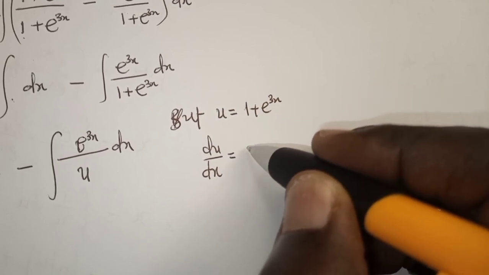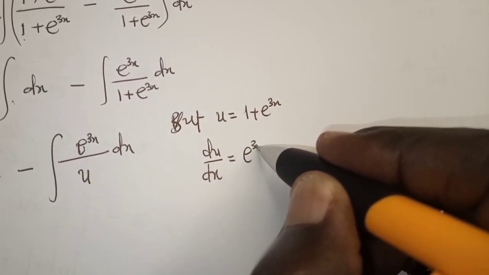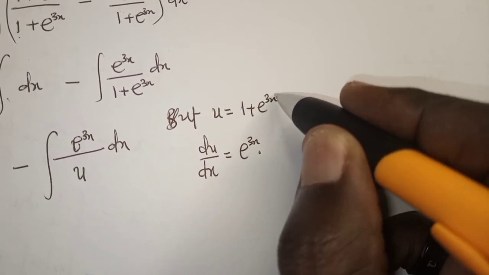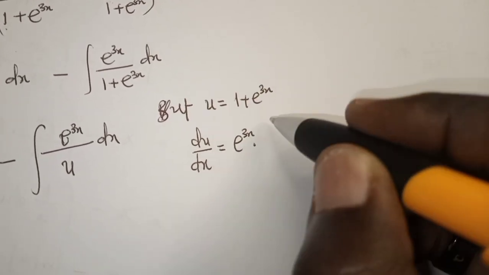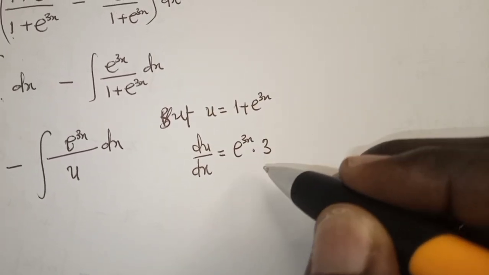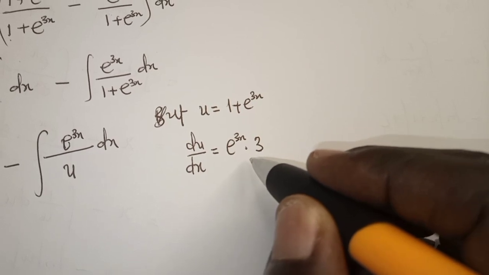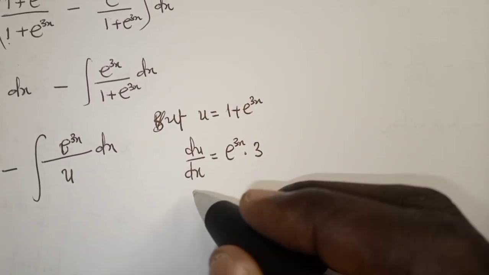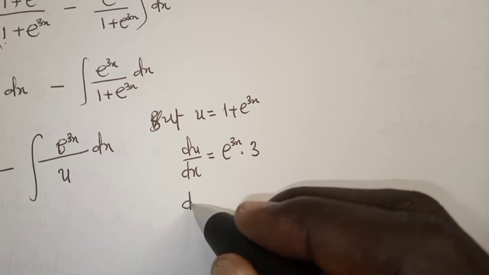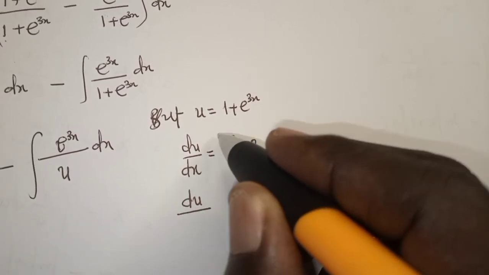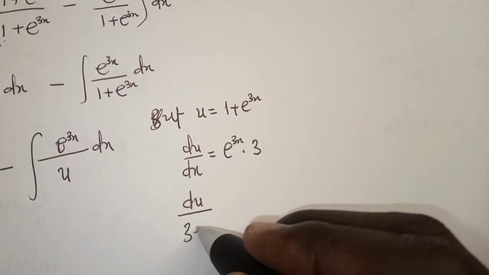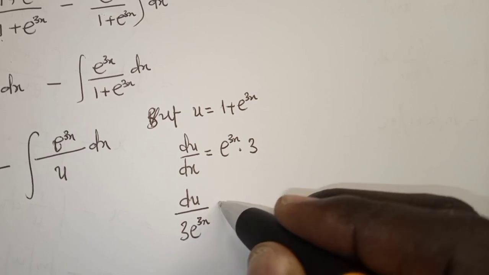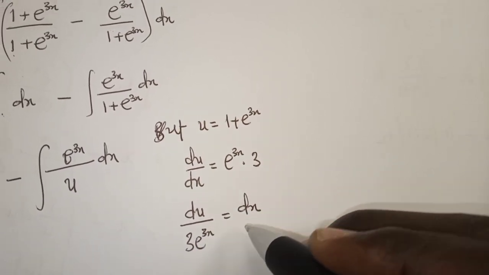Differentiate this, you get the same thing, e exponent 3x, times the derivative of the power, 3. So that means you'll be having 3 e exponent 3x. So you make dx the subject, so you have du on 3 e exponent 3x equals dx.